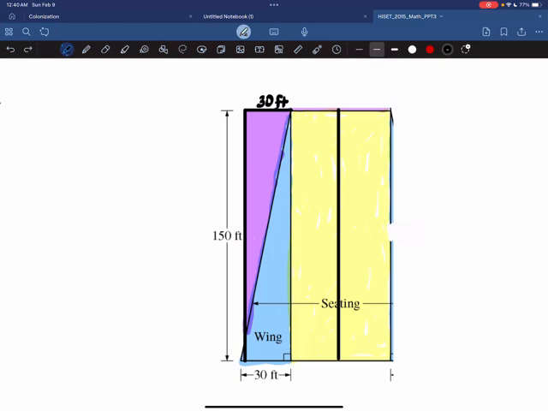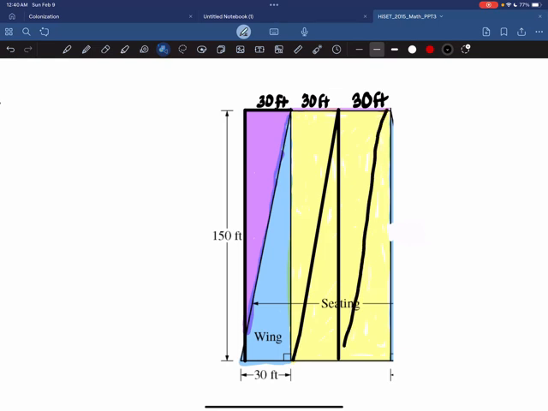I hope I'm not confusing you. This is 30, this is 30, which means that I could fit two triangles in here. And two in here. And how many do we have now? We have 1, 2, 3, 4, 5, 6.